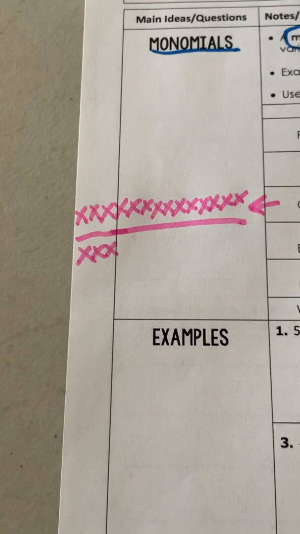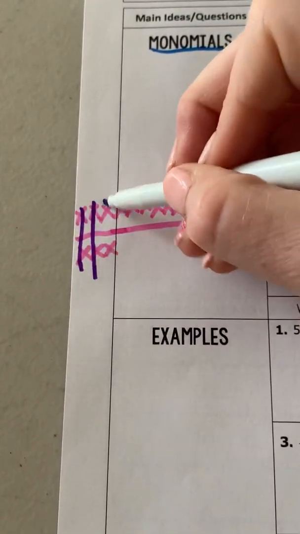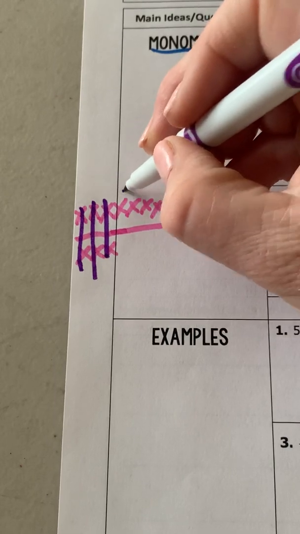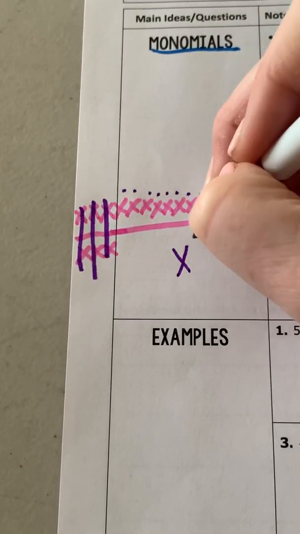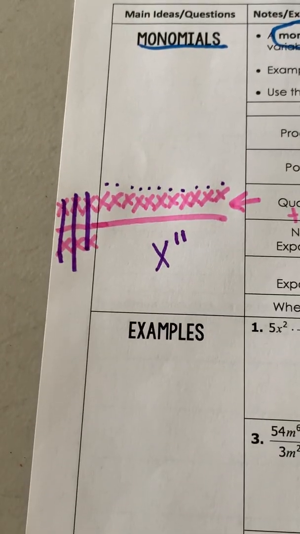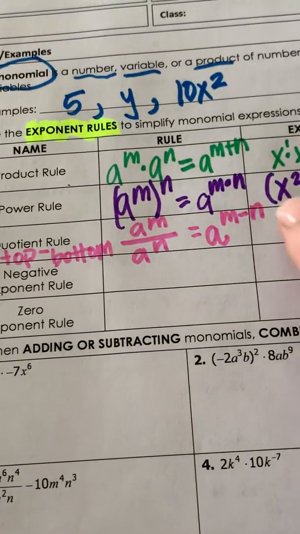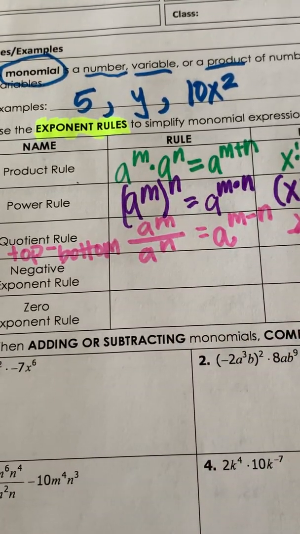Okay, so what would this end up being? Well, 3 of my x's would cancel. And how many do I have left? 1, 2, 3, 4, 5, 6, 7, 8, 9, 10, 11. Okay, that's a drawn out example of why the quotient rule works. And you could actually draw all of these out and see for yourself why the rules work.